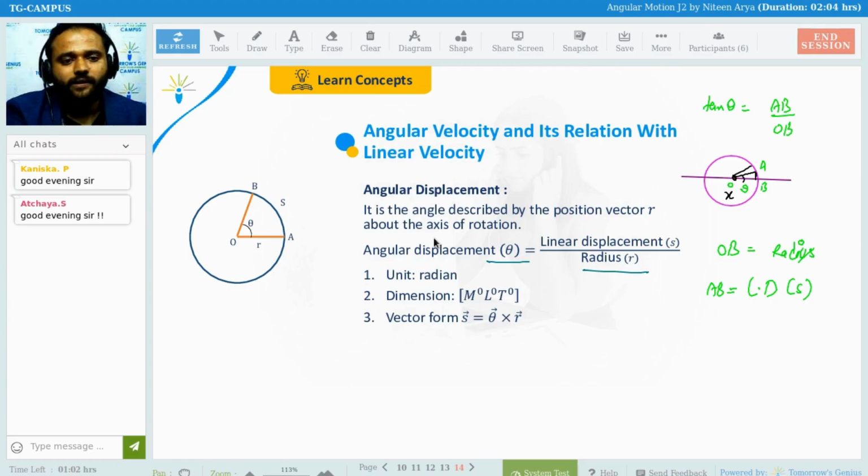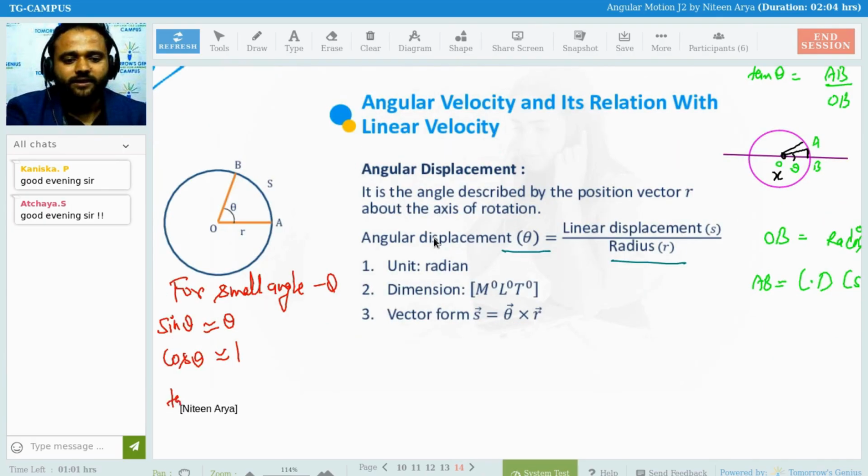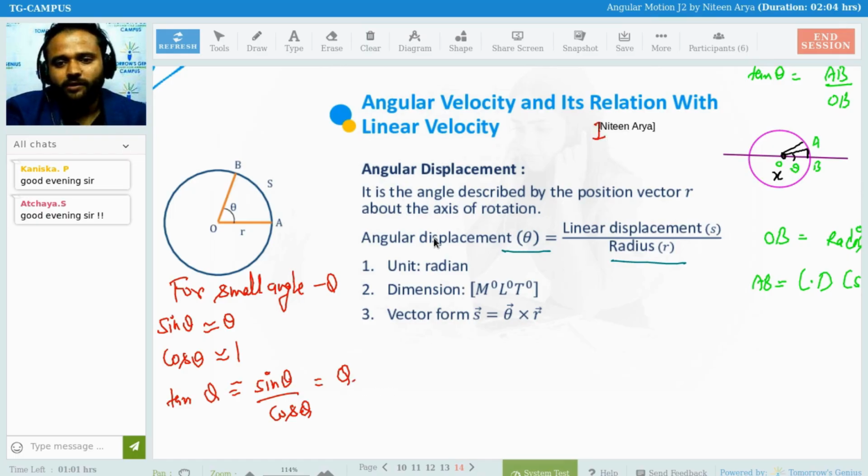sine theta is approximately theta and cos theta is approximately 1 for small angle theta. So tan theta, which is sine theta divided by cos theta, becomes theta. So in triangle OAB, why should I give you this again and again?